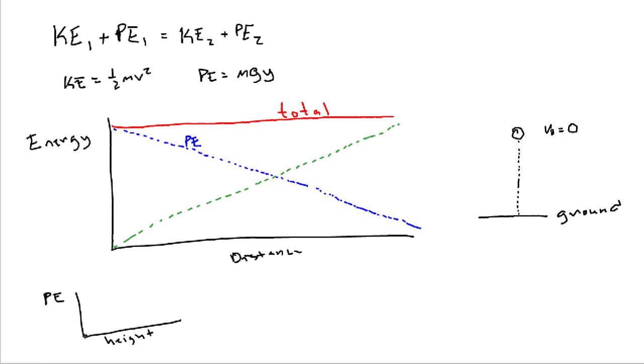And as I increase height, I increase potential energy. And I do so in a linear fashion because the equation for potential energy, it's up top, but I'll write it down here again, is mgy. There's no squared or anything, it's just mgy. So, potential energy increases with height in a linear fashion.